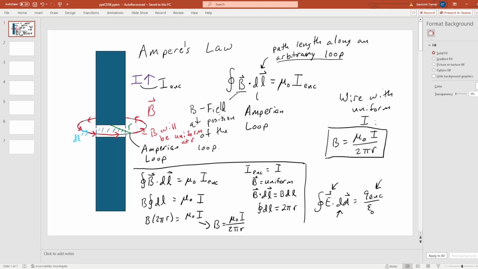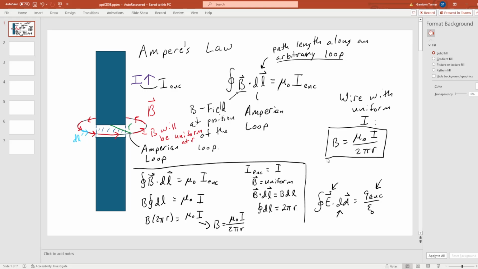And if you worked through the Biot-Savart law, you should recognize the utility here. This is a much simpler process, very similar to Gauss's law, being much simpler than the integral for the electric field. Okay. So this is the most basic way to apply Ampere's law, but it is also the most enlightening way to apply Ampere's law.